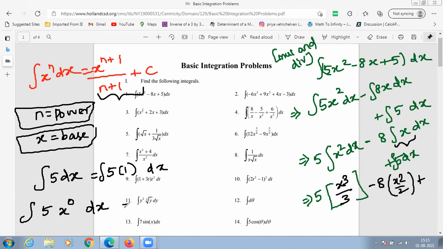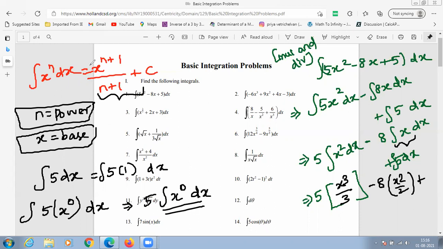Because anything power 0 is 1. So x power 0 gives you 1. I'm rewriting 1 as x power 0. You have to write it in the same variable. So you can take the 5 out and integrate the x power 0 alone.